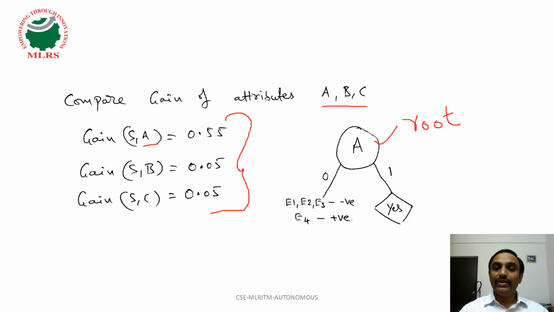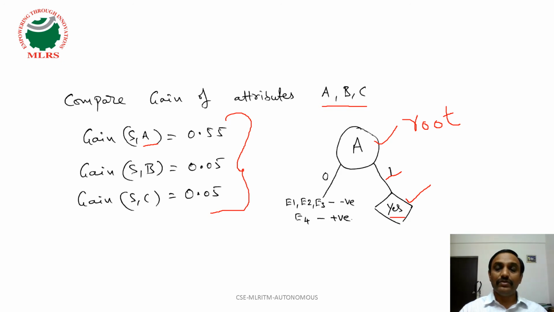So here, what are the values of A? 0 and 1. You observe that if the A value is 1, all results are positive. So for A is 1, it is giving a positive result. I am taking it as S. So that is the leaf node. We are stopping the process where the A value is equal to 1.